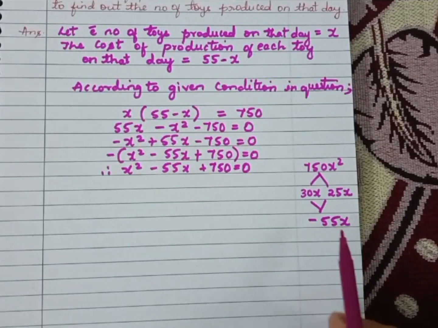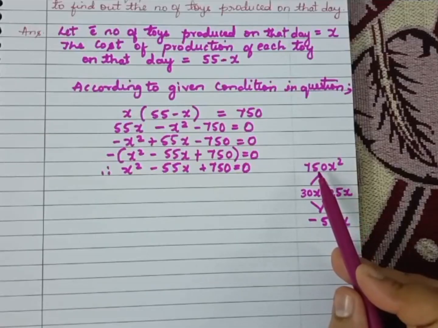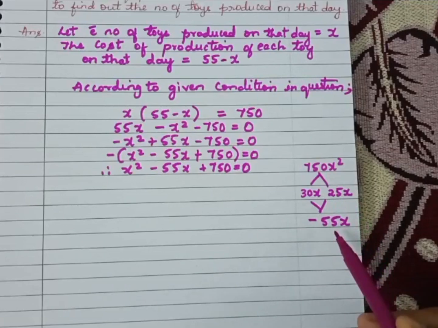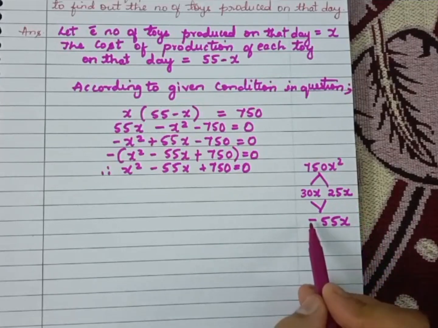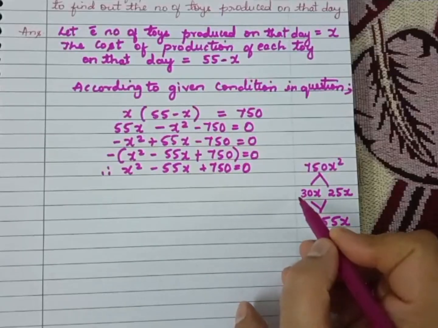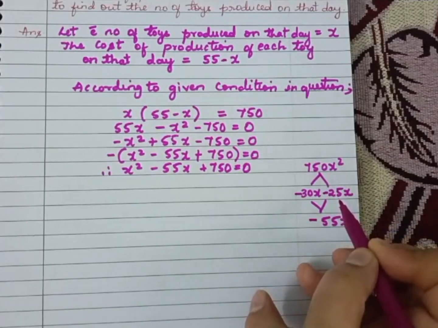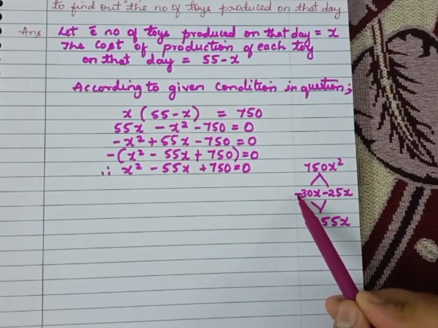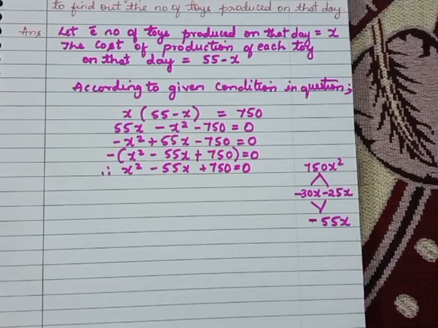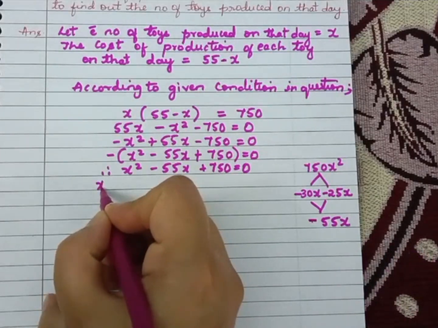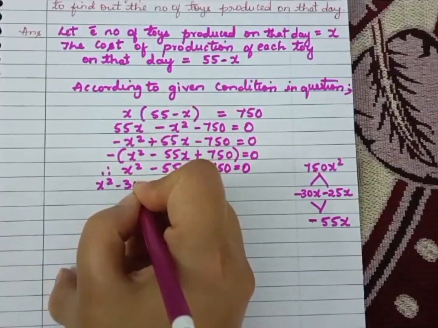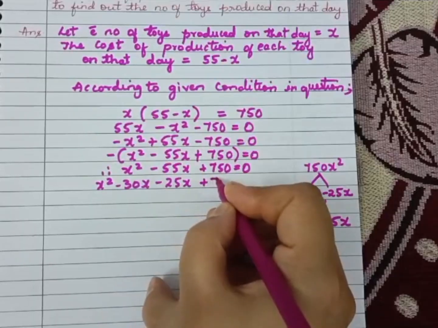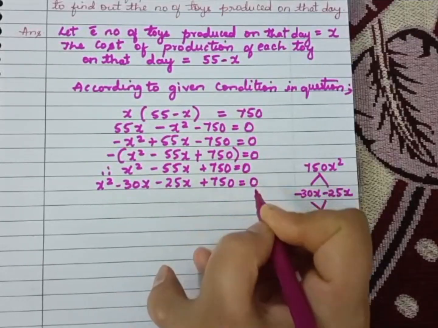Now over here 30 into 25 is 750 x square, and if we add 30 plus 25, we will get 55. Now here there is minus, so I'm going to take it as minus into minus. Okay, minus into minus is plus, and 30 is the greater digit, here it has minus sign, so I'm taking over here minus sign. Now x square minus 30x minus 25x plus 750 is equal to 0.